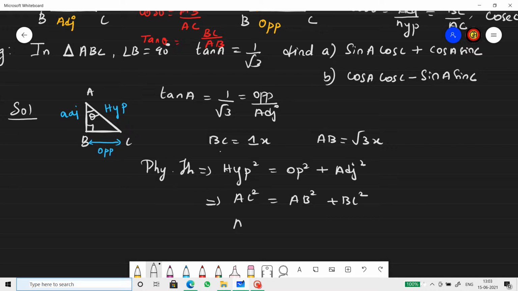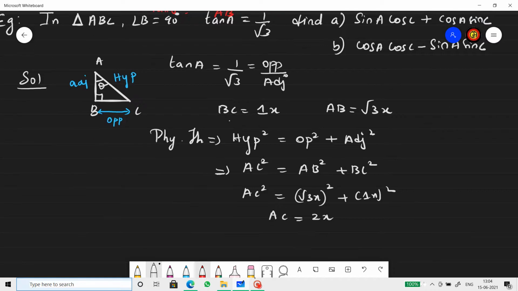And AC square equals AB, which is root 3x, the whole square, plus BC, which is 1x, the whole square. Therefore, we get AC as 2x. Correct? Okay, so let's fix these values. Opposite, which is BC, is 1x. Adjacent is root 3x. Hypotenuse is 2x.